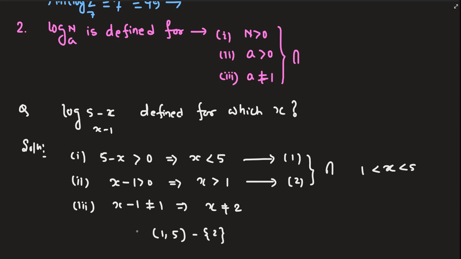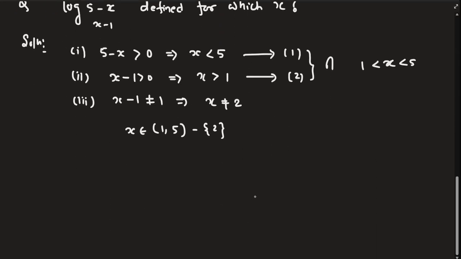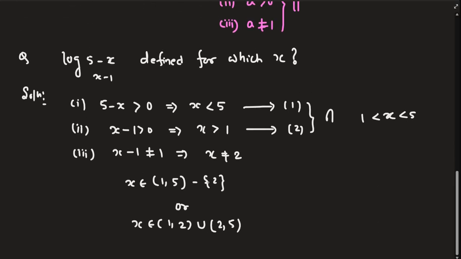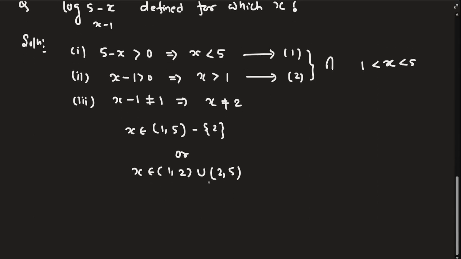This is the set of x where the log is defined. Or you can write the same answer as x belongs to (1, 2) union (2, 5). You can't take 1, 2 and 5 in the answer. All three are excluded. I hope all of you understand when the log is defined and how we can find the criteria.